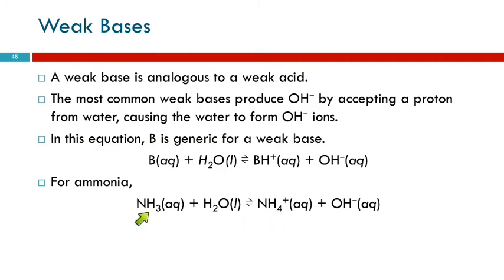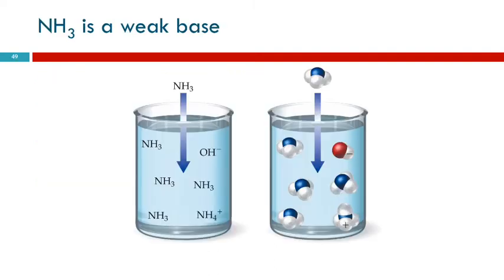If you look at what's in the solution, it'll be a lot of ammonia molecules and some ammonium ions. Generically, we can write it as B for weak base plus water gives us BH+ plus OH-. Here, BH+ is the base holding the hydrogen ion, the proton. You put ammonia in water, you've got a lot of ammonia molecules and only a few ions.